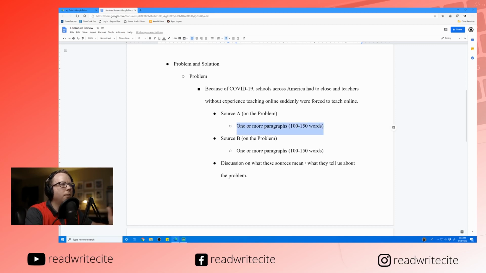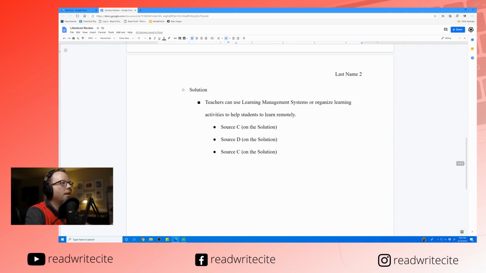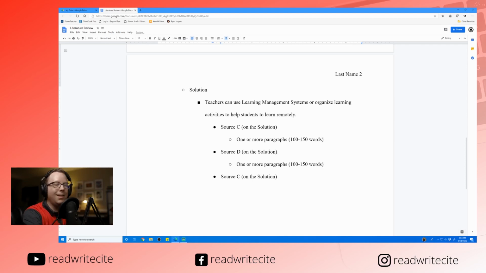This section right here could be 200 to 300 words, hypothetically. All right, now let's say we go on to the solution section of the paper, where under source C, we present one source that could be related to the solution, source D, which could be related to the solution, and source E, which can be related to the solution.